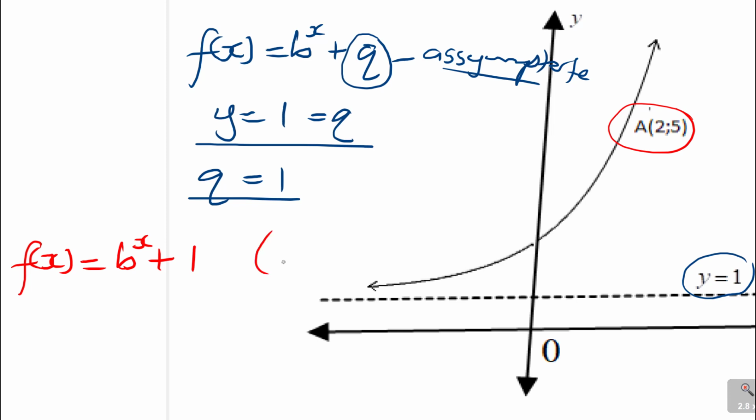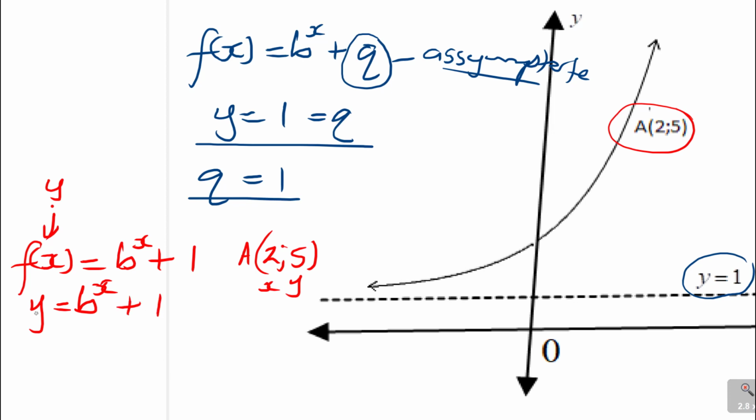Then you are given a, and what is a? 2, 5. So what you do is 2 represent x, 5 represent y. You come and substitute here. But don't forget, f of x is the same as y. So you can write this and say y is equal to b to the exponent x here plus 1.